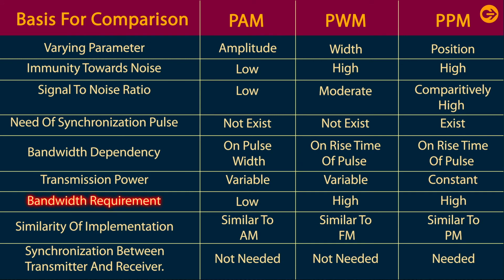The bandwidth requirement in PAM is low. In PWM, it is high. In PPM, it is also high. Now, similarity of implementation: PAM is similar to amplitude modulation or AM. PWM is similar to frequency modulation or FM. PPM is similar to phase modulation or PM.